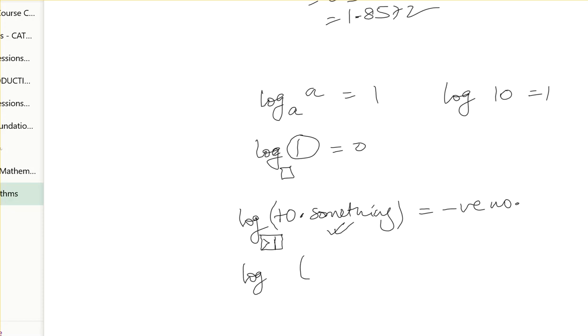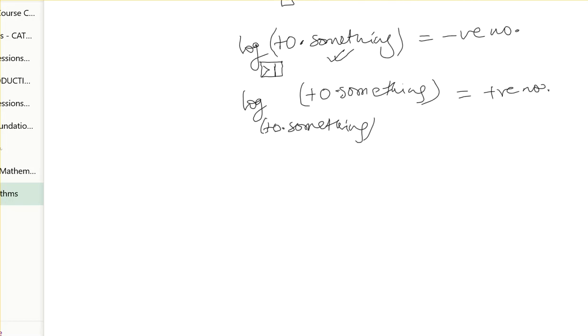Log 0 point something, here also 0 point something, then positive number. Log 1 base anything is 0.